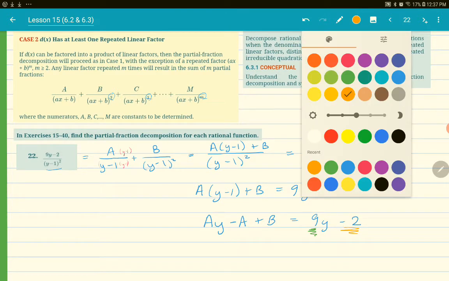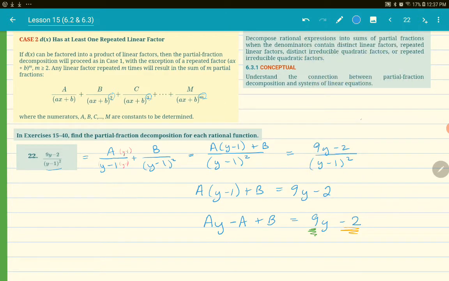the linear term with the y, and another part with the constant. Combining like terms, I only have one term with a y, so that's just A, but I do have the A and the B, negative A plus B, for my constant. So A equals 9 and negative A plus B equals negative 2.